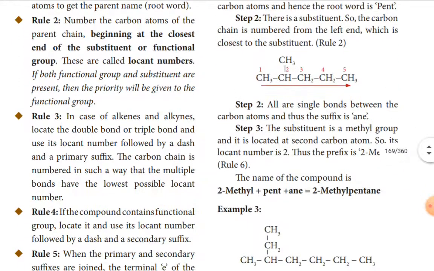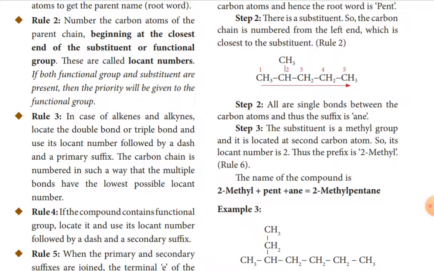And the third one, in case of alkene, alkyne. Alkane ends with ANE and possesses only single bond. Alkene has a double bond, alkyne has a triple bond. When we give the locant number followed by a dash and the primary suffix, the carbon chain is numbered in such a way that the multiple bond possesses the lowest possible locant number.